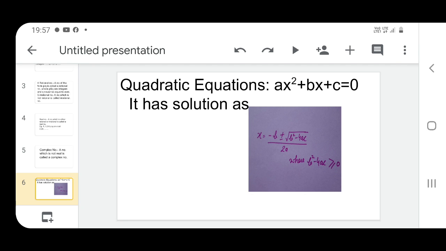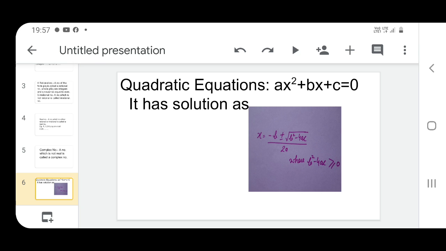What is the need to introduce a complex number? In the 10th class, you read about the quadratic equation. You know about the quadratic equation, like ax square plus bx plus c equals 0. You know how to solve this quadratic equation. In the 10th class, you read all the methods to solve it.